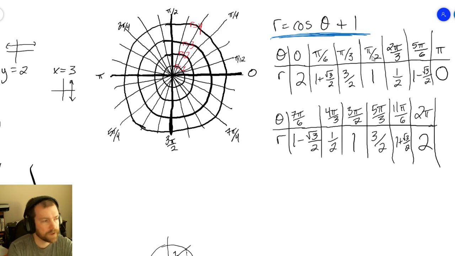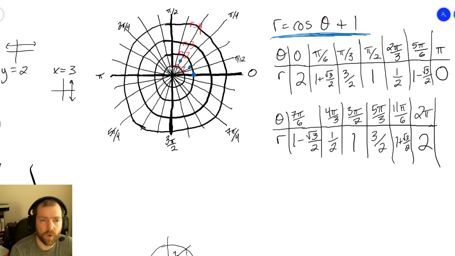So the way this one works, at 0 we get a value of 2. At pi over 6, we get a value of 1 plus root 3 over 2, which is 1.866. All right, pi over 3 is going to be 3 halves, so 1.5.